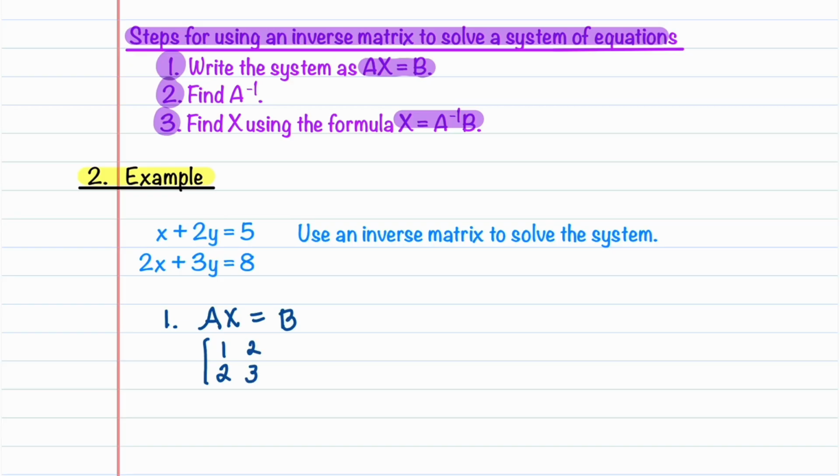You just line them up just as they are in the system above. Then we have our matrix X, which contains our variables X and Y. And then on our right-hand side, we have our constants, 5 and 8.